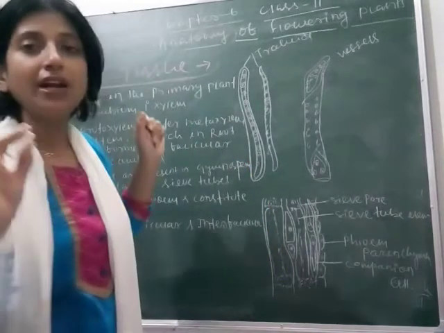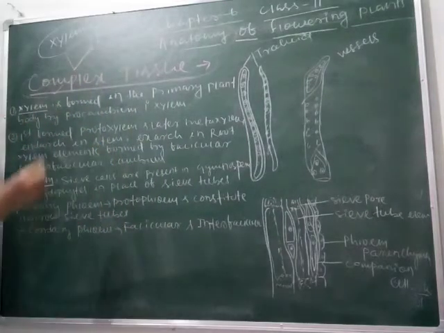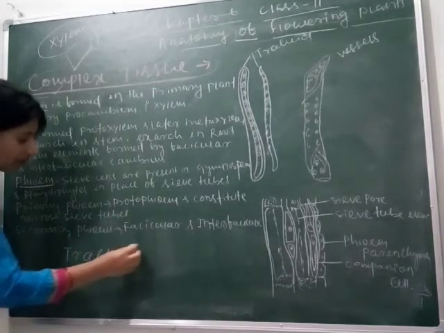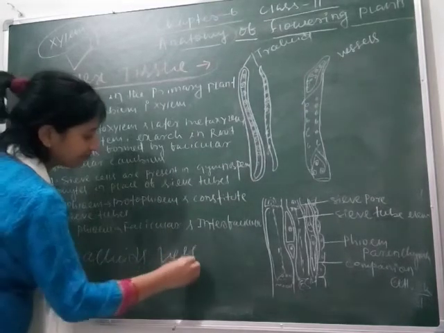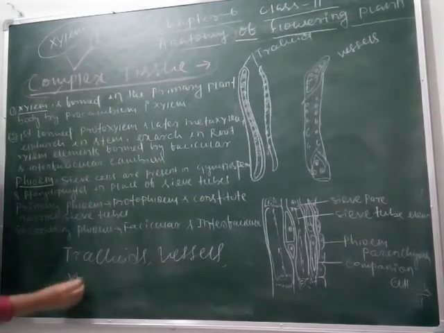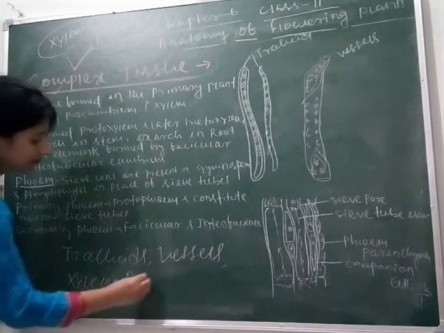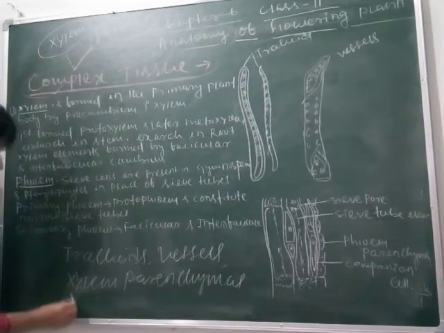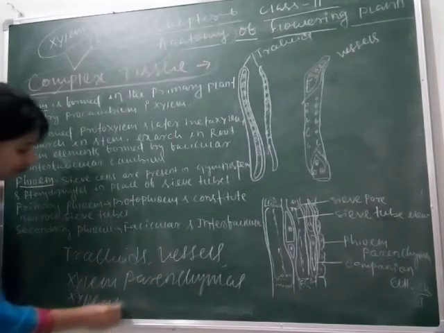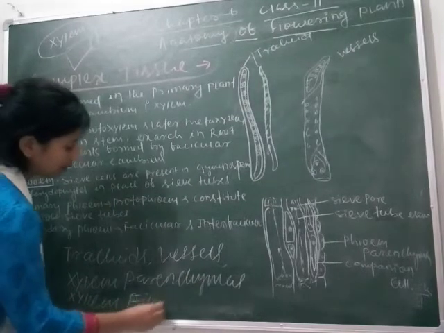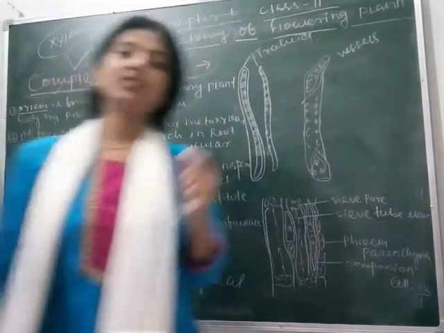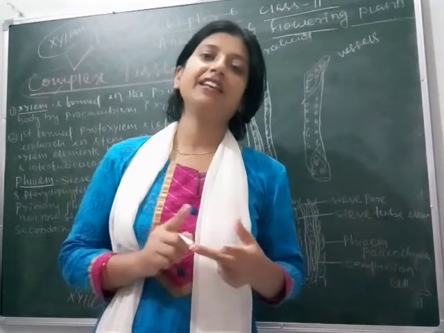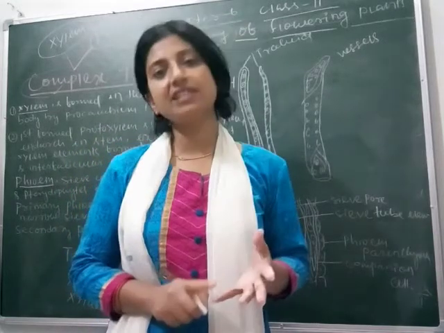Xylem has 4 elements: tracheids, vessels, xylem parenchyma and xylem fiber. Clear students? Xylem has how many elements? Xylem has 4 elements: tracheids, then vessels, then xylem parenchyma and xylem fibers.